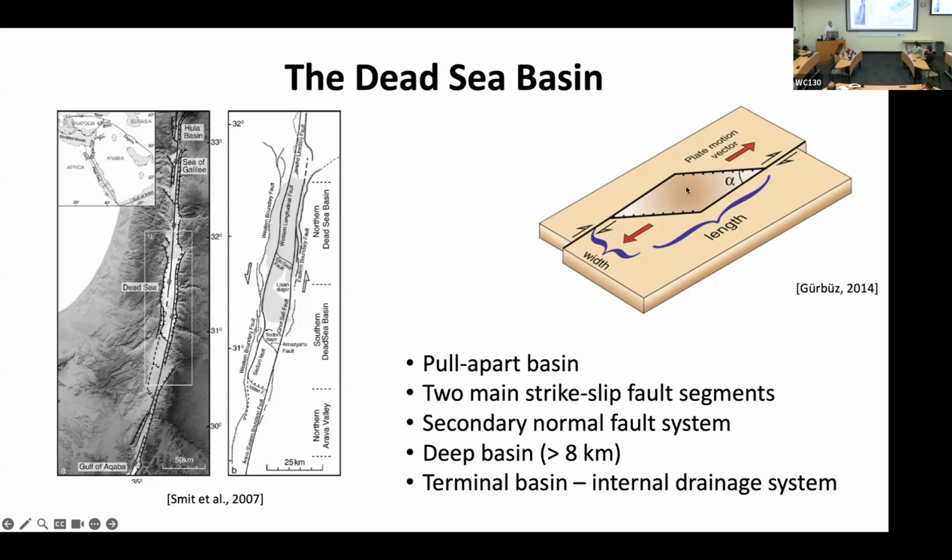So we can see here the northern movement of the Arabian plate relative to the southern, and we have one segment of the strike-slip, the horizontal fault, here. The second one is over here, and on the sides we also have normal faults, because otherwise we would have really deep and steep faults.